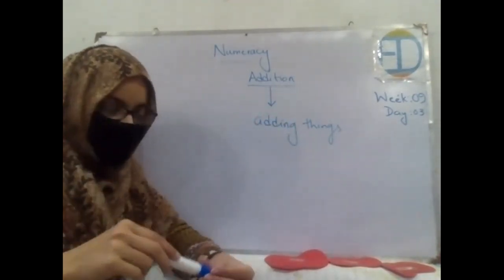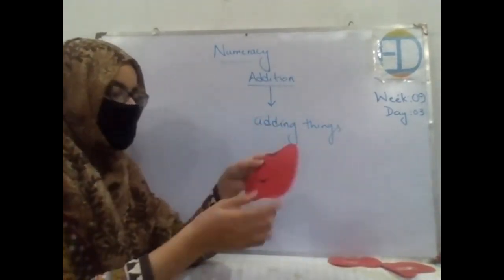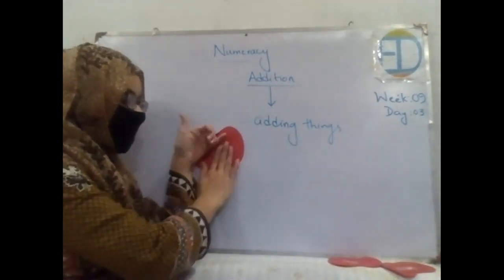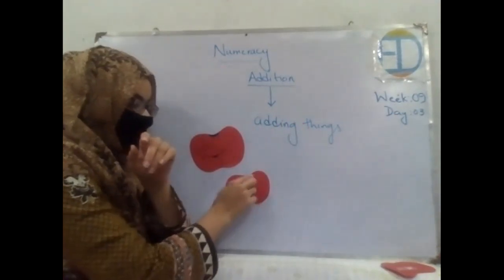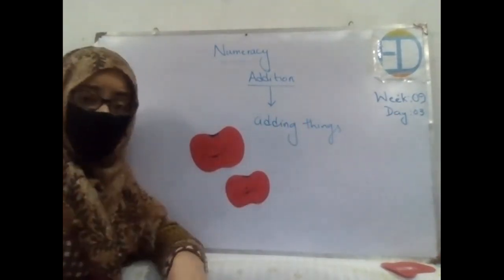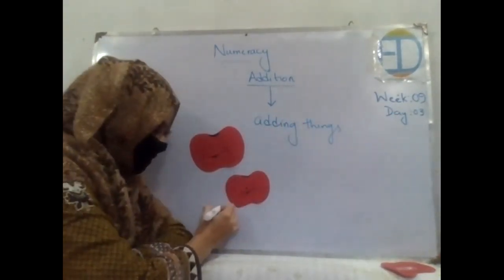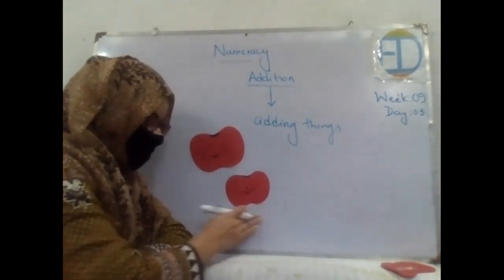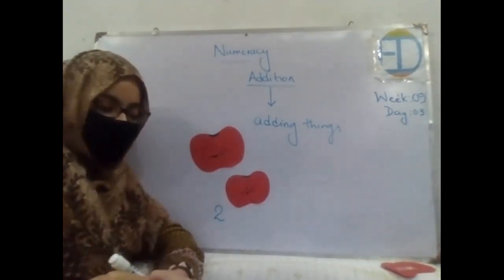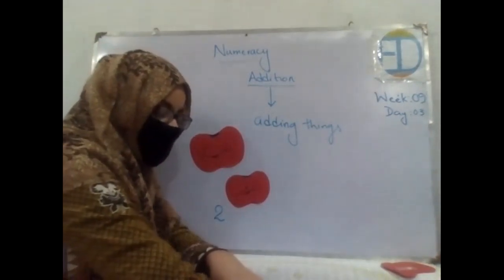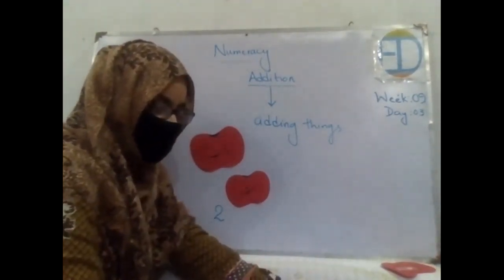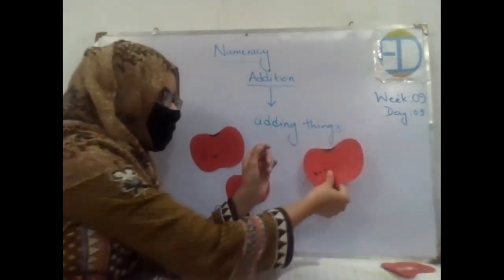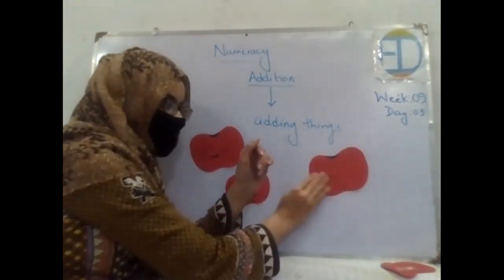Let me give you an example. Consider that you previously have two apples. How many apples do you have? Two apples. Your mother gave you two apples in your lunch. Okay. And in the school, your friend came and he gave you one more apple.